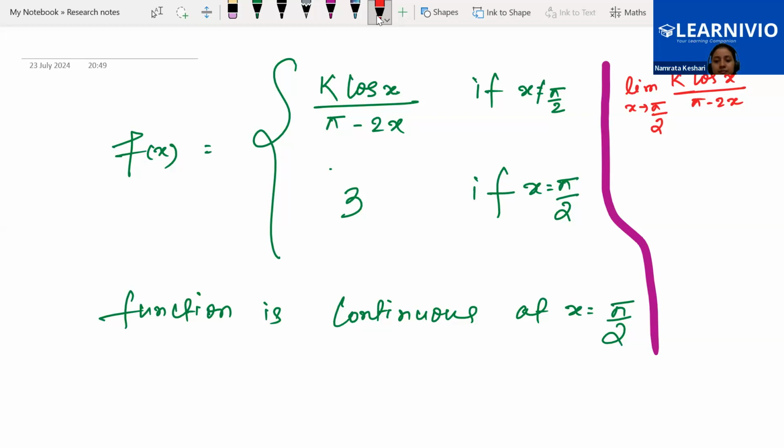Is it 0? And the function's value at pi by 2 is 3. So 0 is equal to 3, is it true? No.